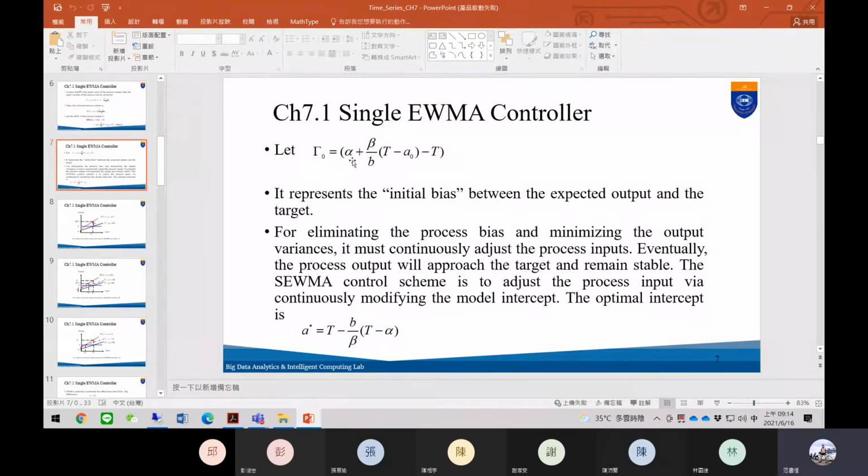Alpha is a true value, and beta is a true value of the slope. B is the estimate of the slope. T is a target. So this represents the initial bias between the expected output Y and the target, gamma 0.